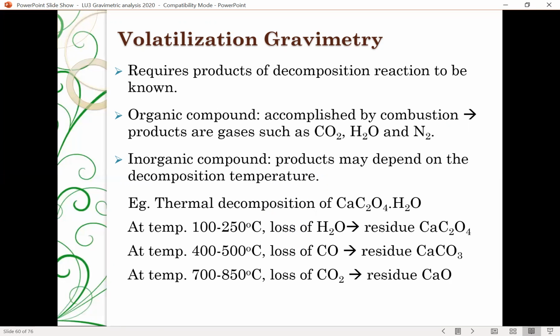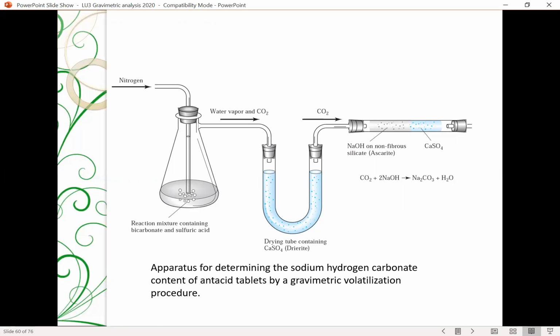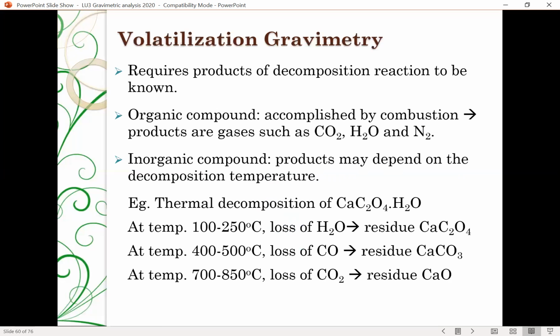In volatilization gravimetry, it requires the product of the decomposition reaction to be known. If we look at the example here, we want the mass of our decomposition product, which is CO2, to be known. This is for the case of the reaction between bicarbonate and sulfuric acid.